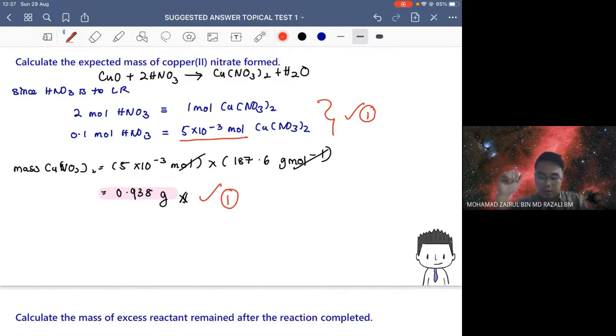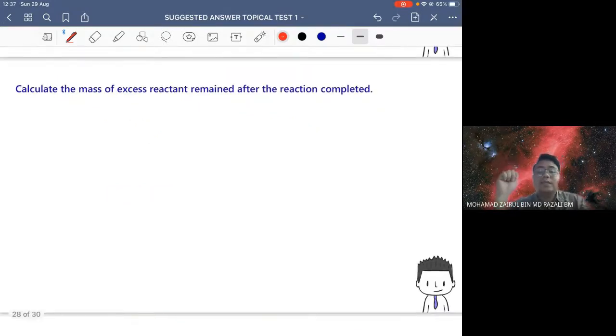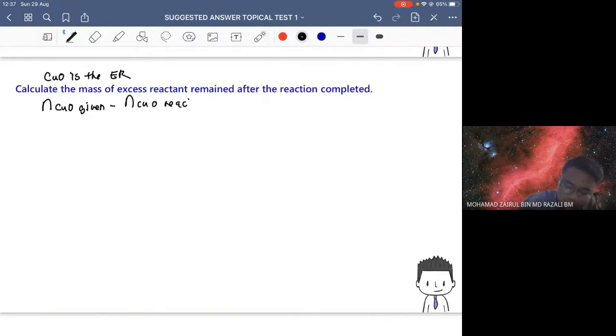Okay. So, calculate the mass of excess reactant remain. So, maknanya, kita tahu CuO is the excess reactant. So, nak cari yang berbaki, maknanya mole CuO given, kita tolakkan dengan mole CuO reacted.